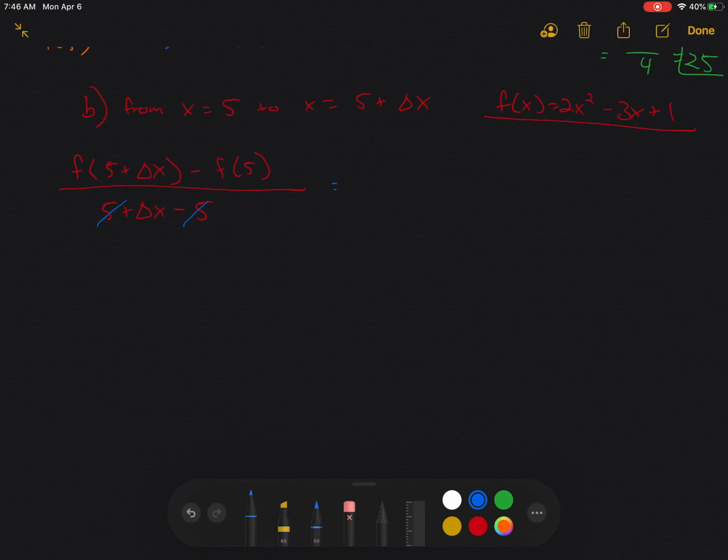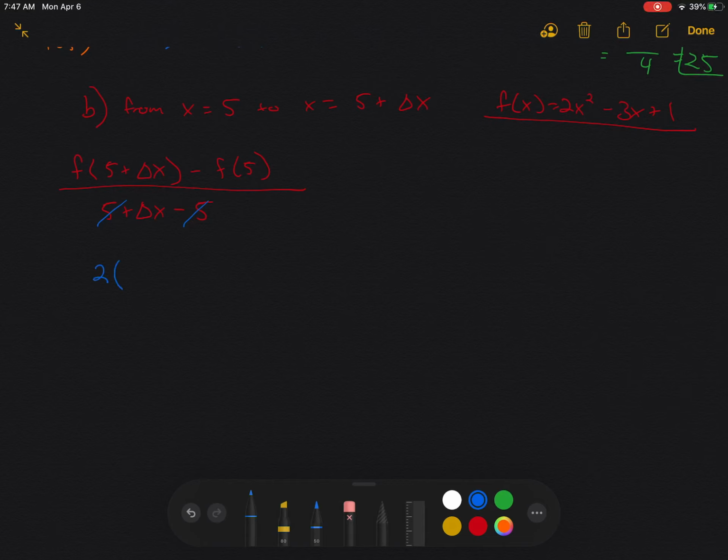So we are going to have 2 times 5 plus delta x squared minus 3 times 5 plus delta x plus 1 minus, now we're doing it for the 5. Forget that, I'm going to write it all underneath. I'm going to write this neat for you guys.